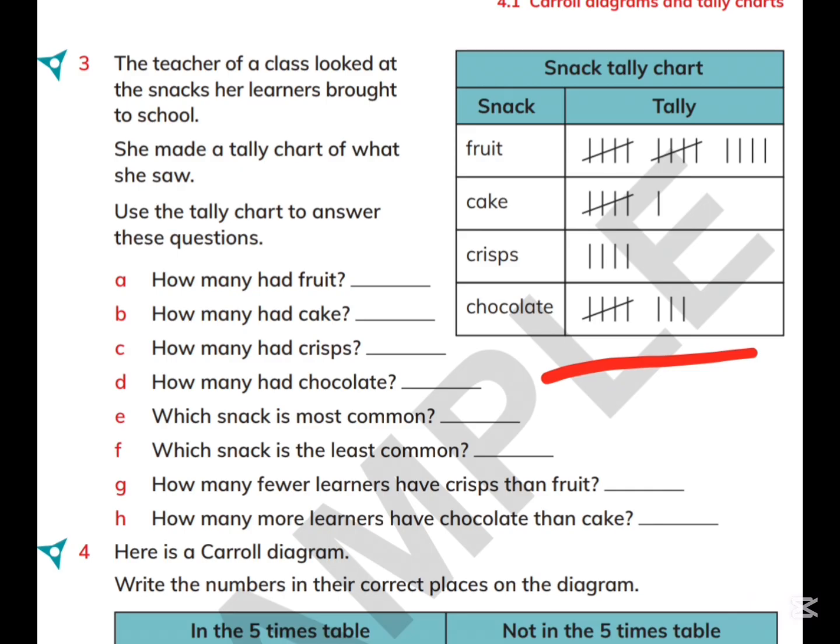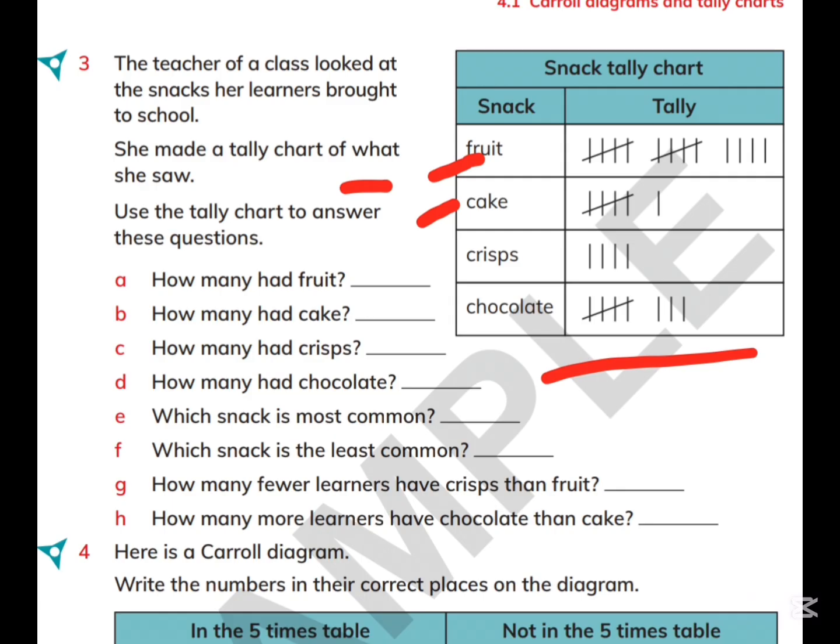The teacher of the class looked at the snacks the learners brought to the school. She made a tally chart of what she saw. She used the tally chart to answer the questions. Snacks: fruits, cake, chocolates and crisps.